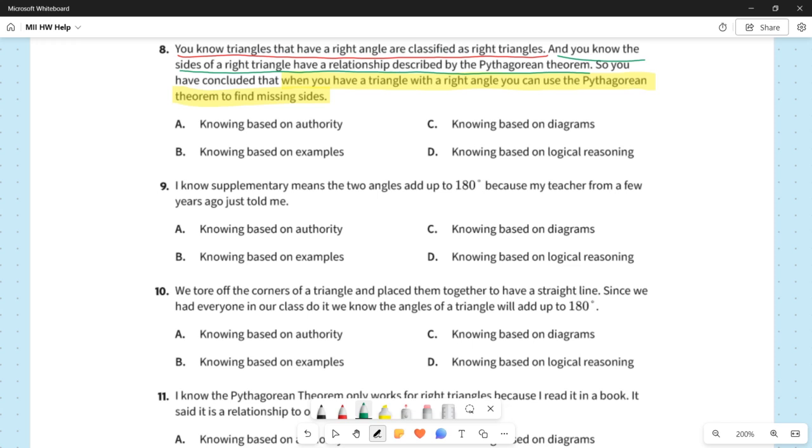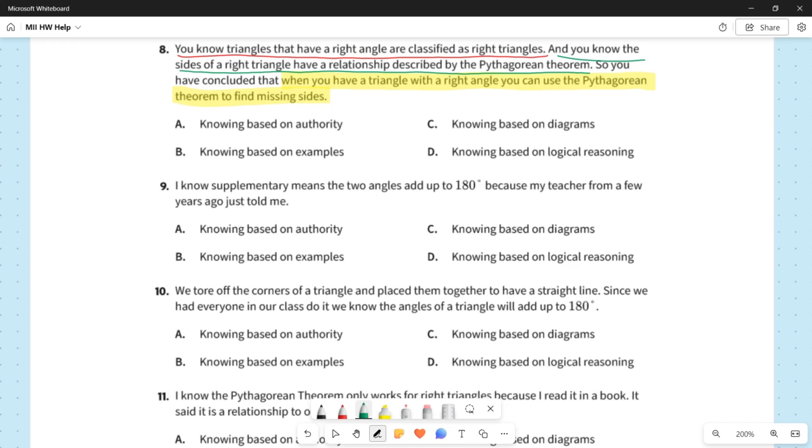Again, this question does not get into how we know that. Chances are, and this might not be true, but chances are we were also told that in school, right? At some point, our math teacher said, all right, when you have a right triangle, there's a relationship between the sides. It's a very famous theorem called the Pythagorean theorem. Students can never pronounce it correctly. And that's what we're going to be using in class today.